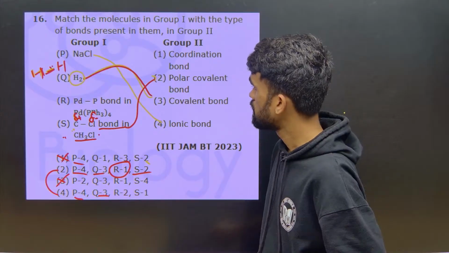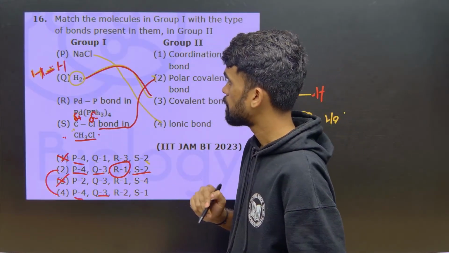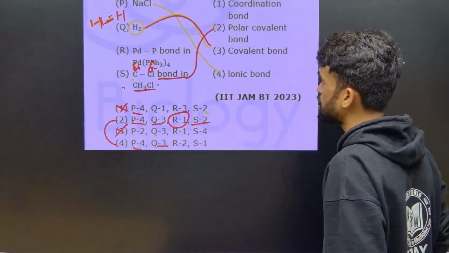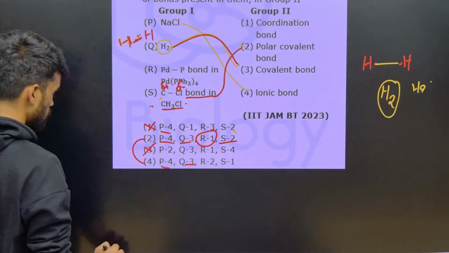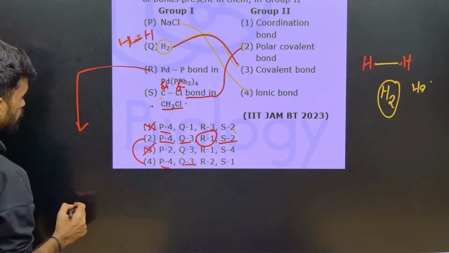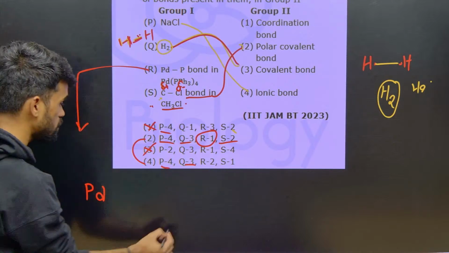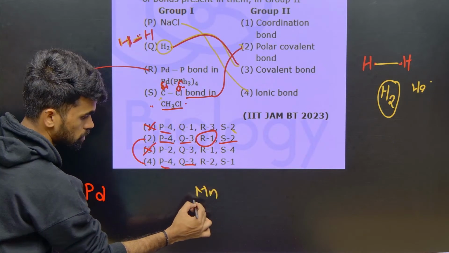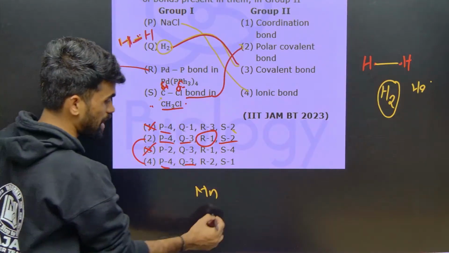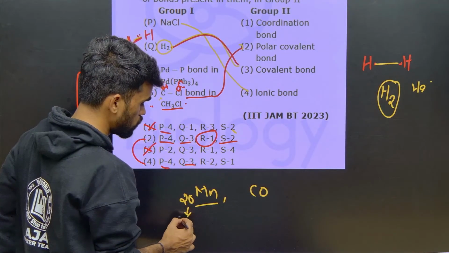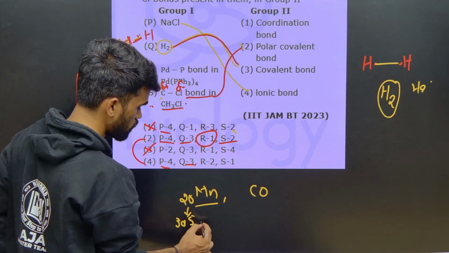Like R1, see the palladium and phosphorus bond in Pd(PPh3). These are called coordination complexes, coordination compounds. In these we have a metal atom like palladium. Metal atoms have vacant d orbitals. Now for manganese, atomic number 25, I told you 3d5, 4s2.